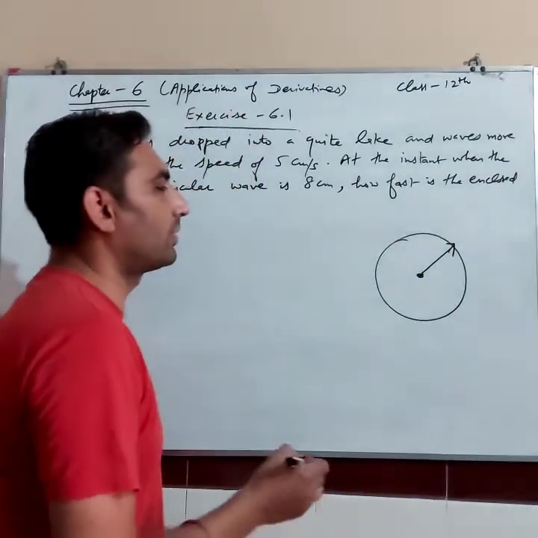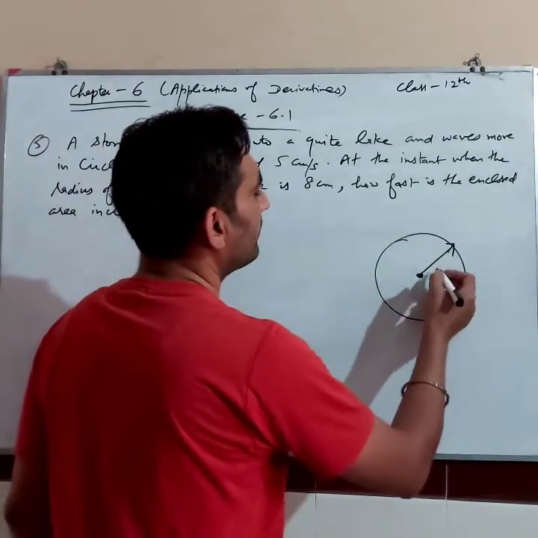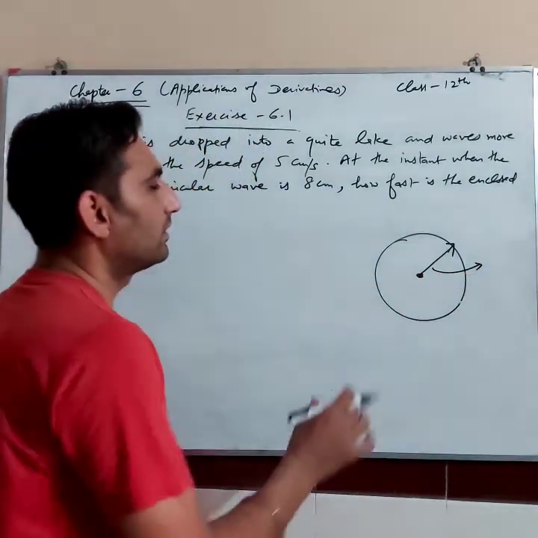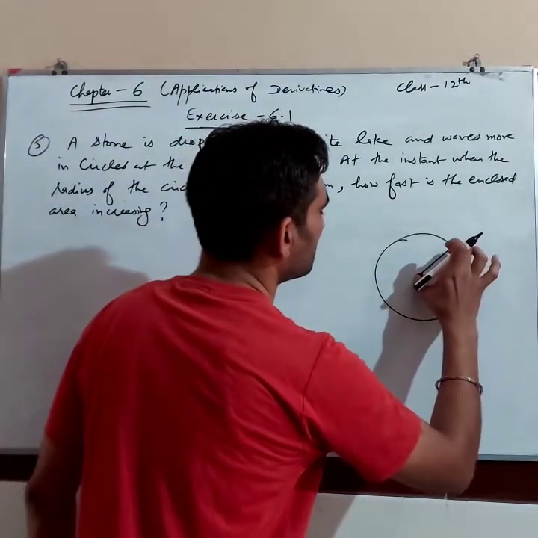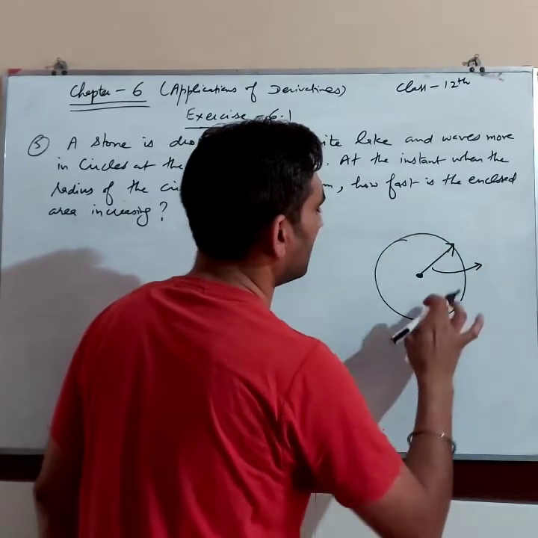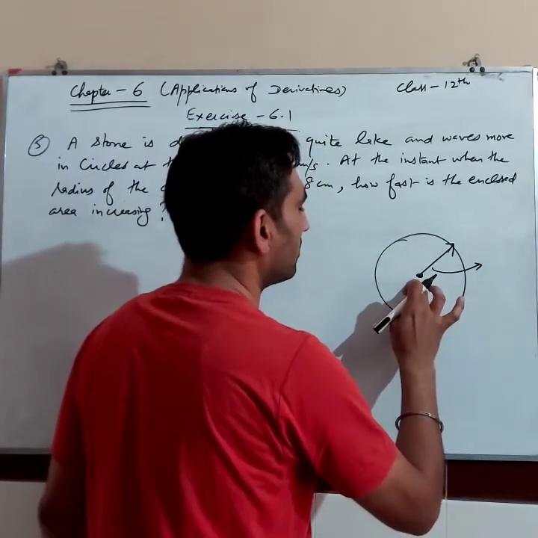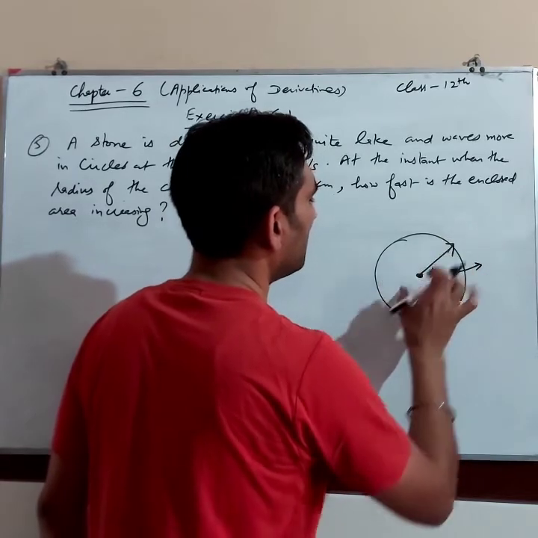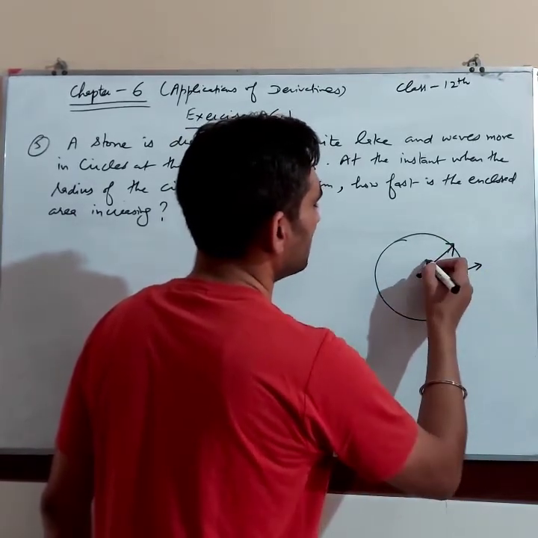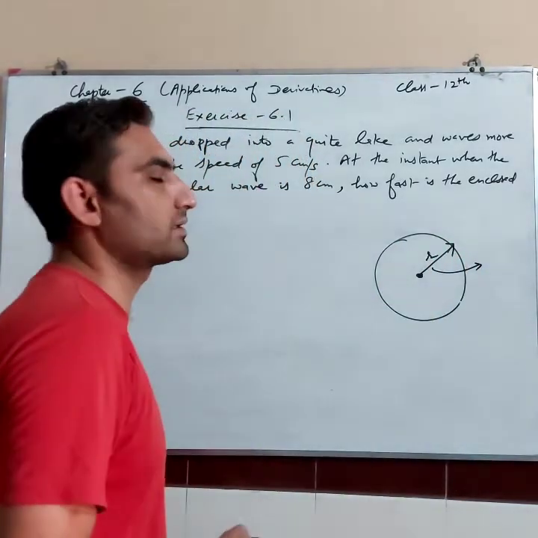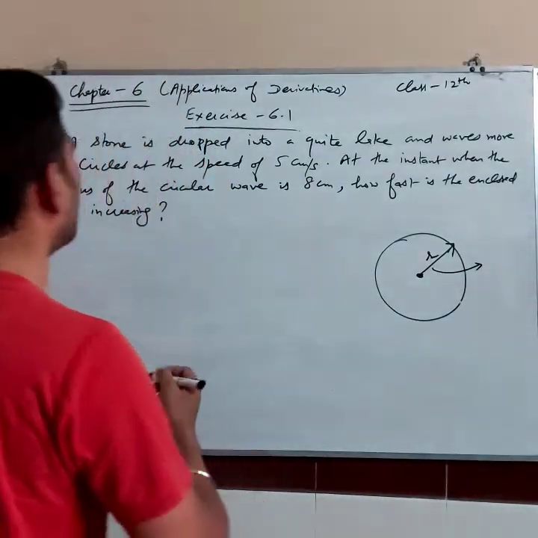Suppose that stone you dropped here, they move away, means the length of the gap between this circle and the position where you threw the stone increases, means they are going away. But what is this? This is the radius of that circle which is changing with respect to time.